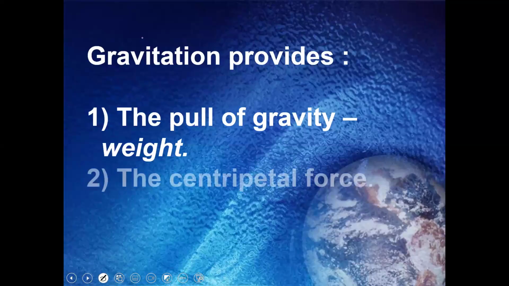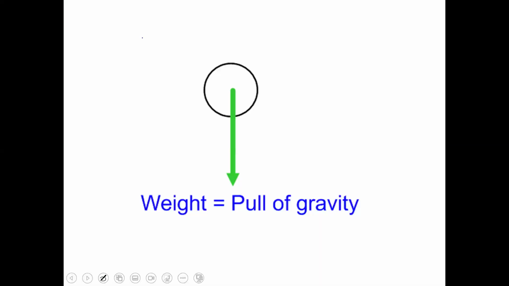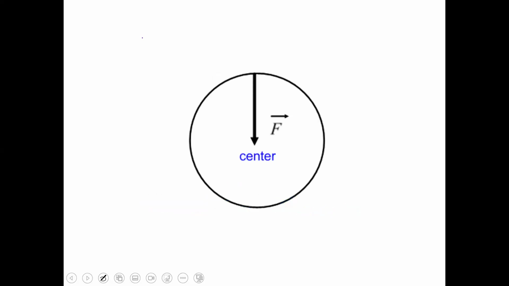Look, I told you that gravitation can do two important jobs in the universe. It pulls the objects, weight, and it rotates the object, centripetal force. Look at this. Weight is equal to pull of gravity, and second, centripetal force.